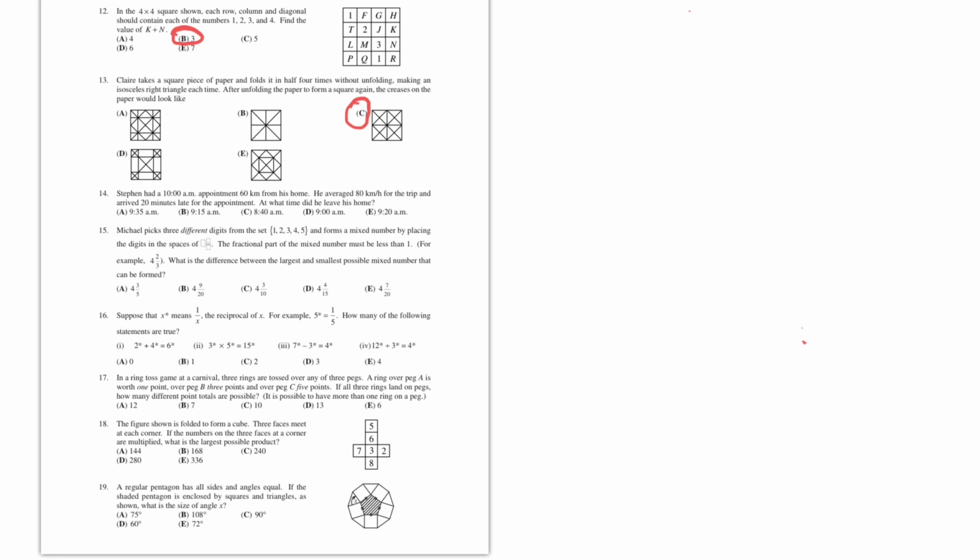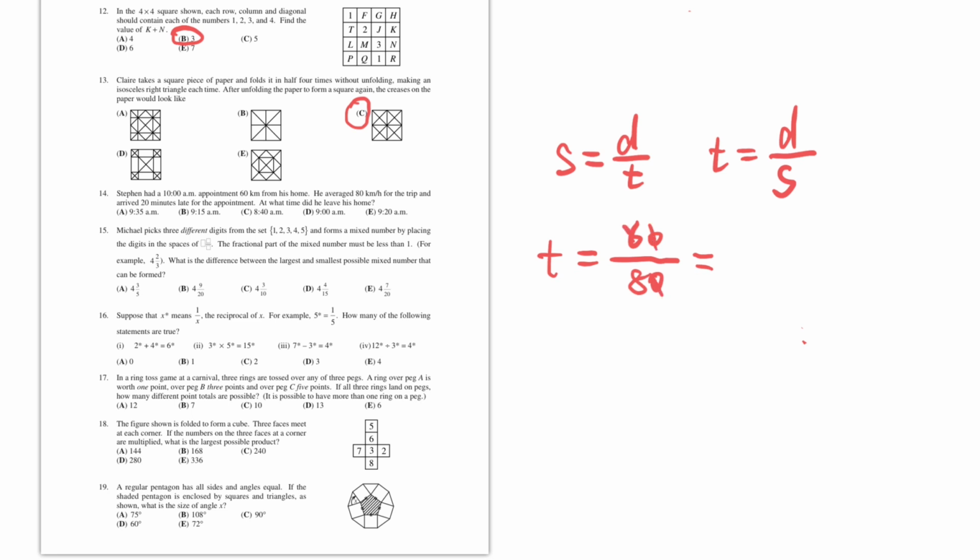Speed problem. The speed equals the distance over time. Also, the time equals the distance over speed. Time we don't know, but we know the distance is 60 kilometers and the speed is 80 kilometers per hour. So cancel 0, cancel 2.